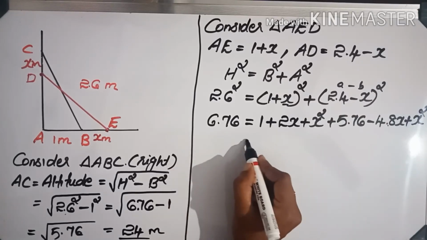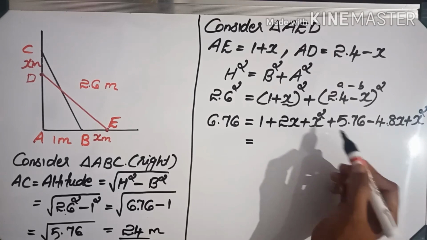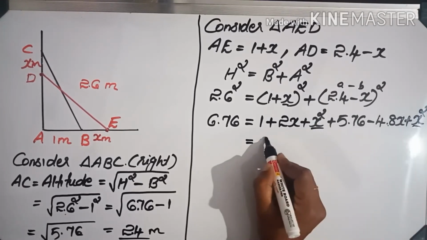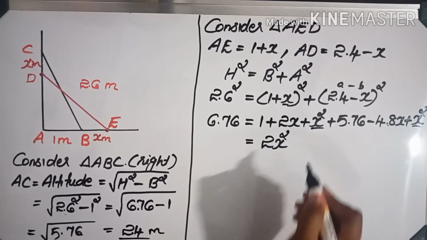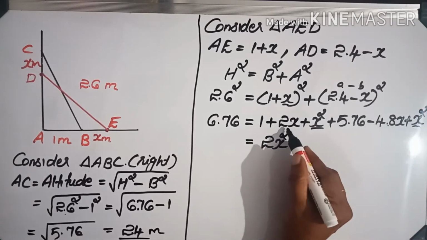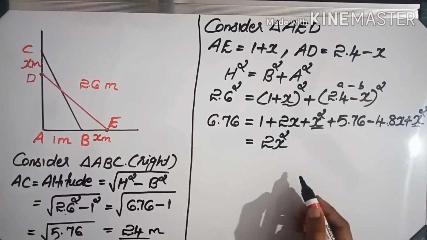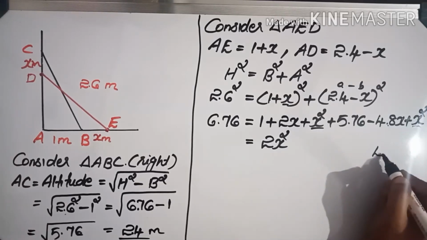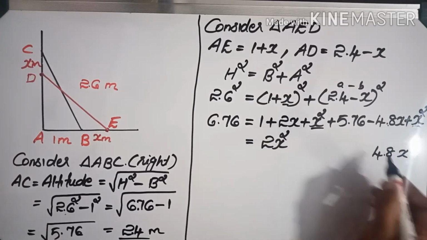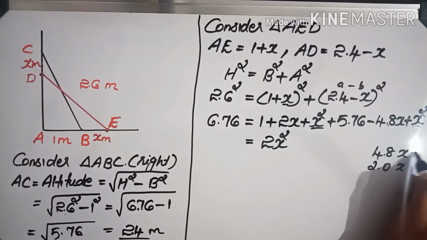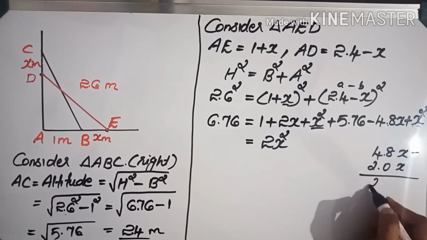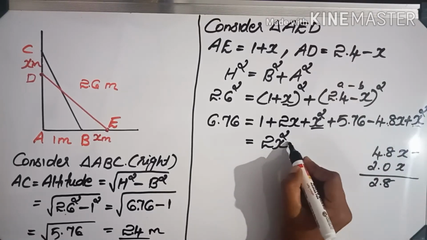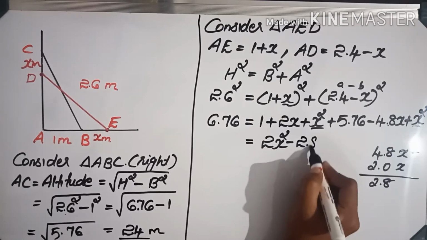Now we can simplify this. x square plus x square, these two we can add, that is 2x square. Now here 2x and here minus 4.8x. From 4.8x, if we subtract 2x, the remainder is 2.8, with the minus sign, so minus 2.8x.